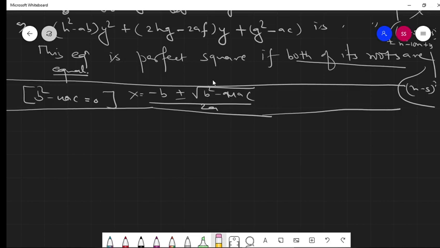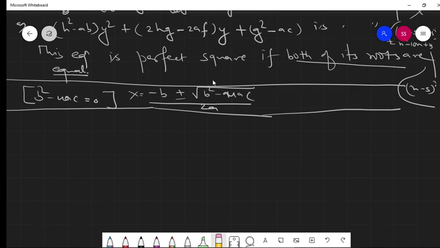Then you can apply this whole square: (hg minus af) whole square minus 4 (h square minus ab)(g square minus ac) equal 0. This 4 is taken common and divided by 0, we will obtain 0 result in that case.